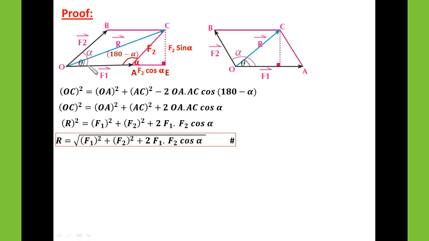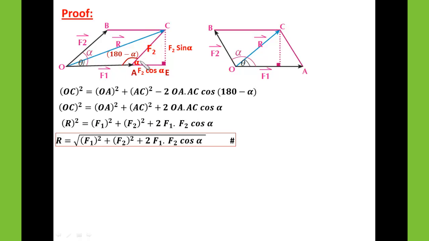Again, tan theta equals EC over EO, opposite over adjacent. What's the length of EC? The length of EC is F2 sine alpha. The length of AC is F2, right?